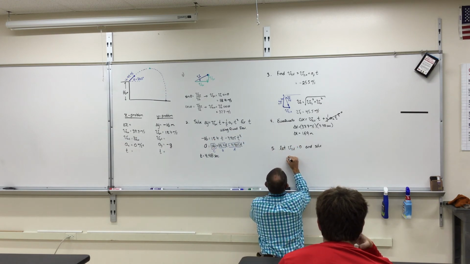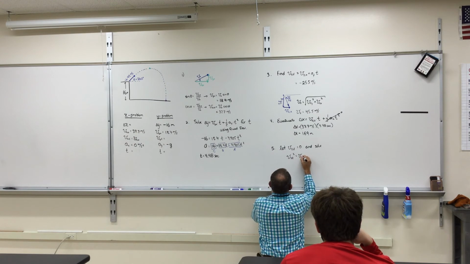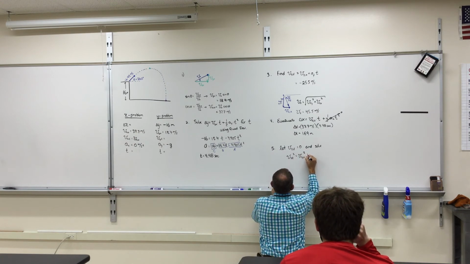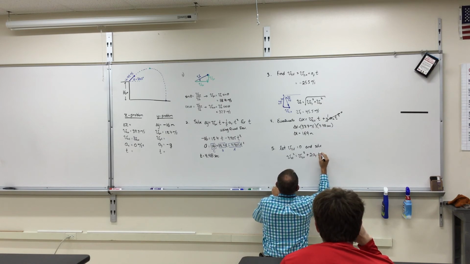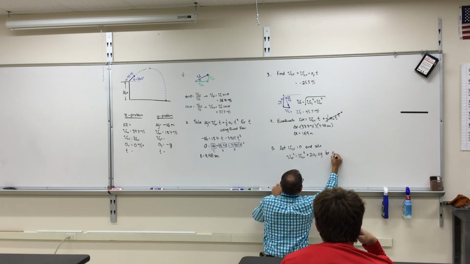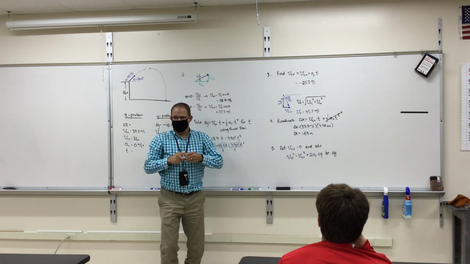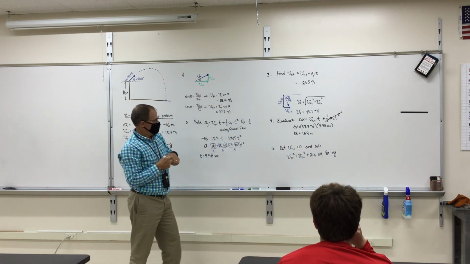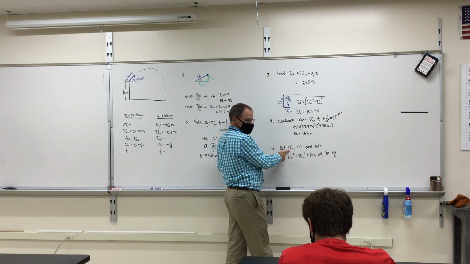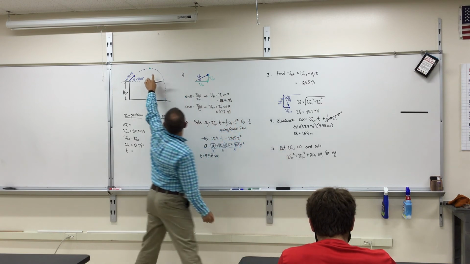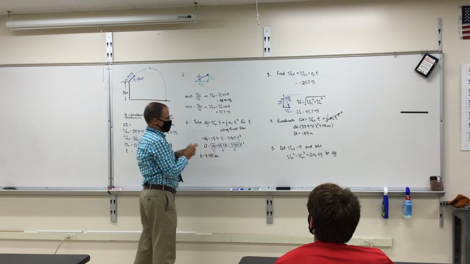So we're going to use velocity in the y direction final squared equals velocity in the y direction initial squared plus 2 times the acceleration in the y times delta y, and solve this for delta y. Okay? So if you solve that for delta y, using the final velocity in the y direction equal to 0, you're going to get that point there, right?